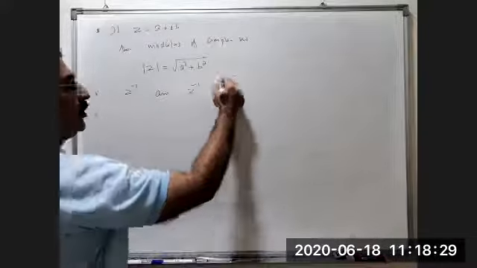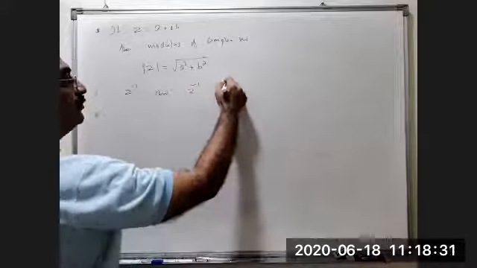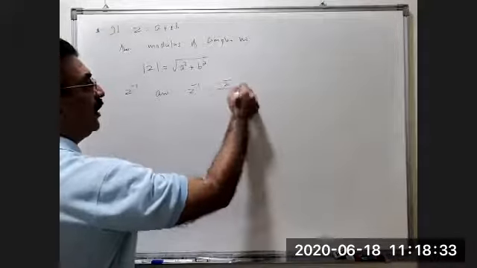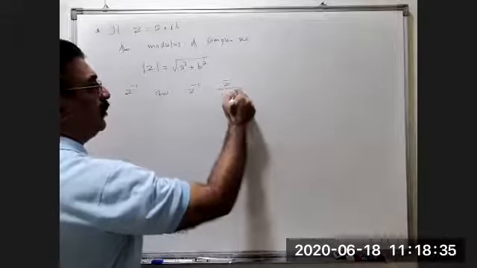Z inverse is equal to z bar by modulus z square.